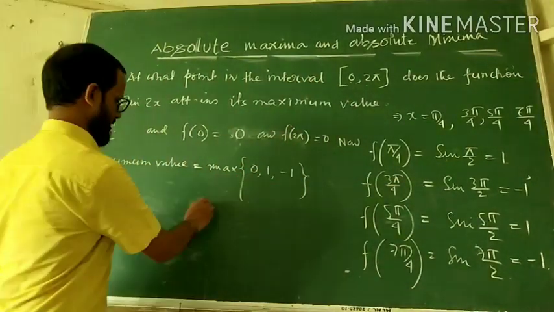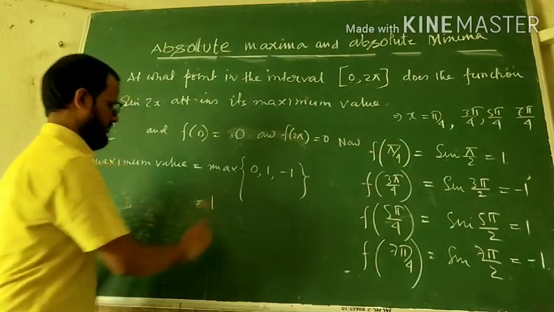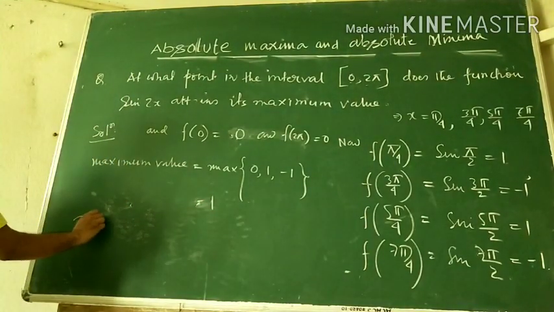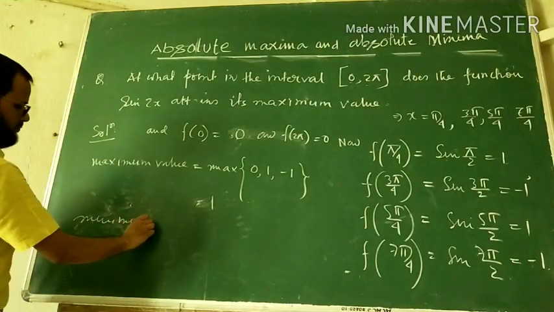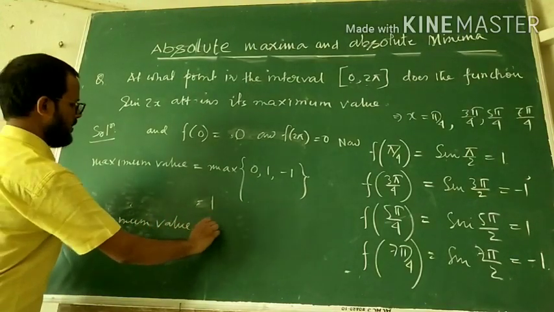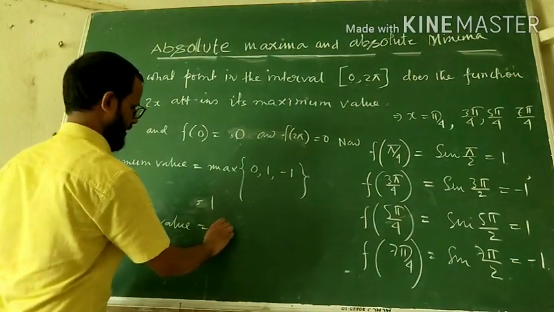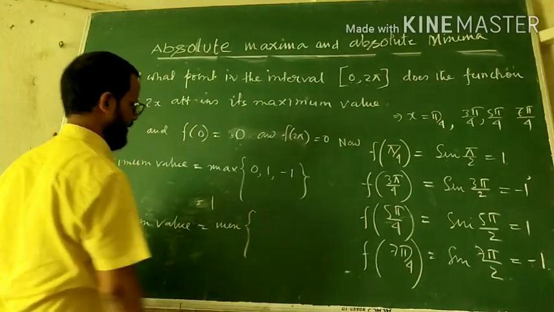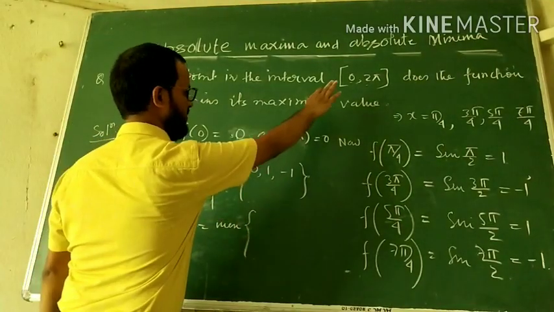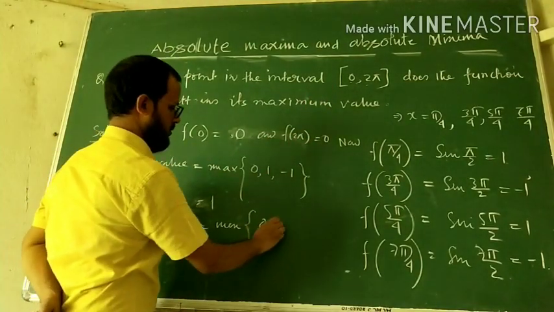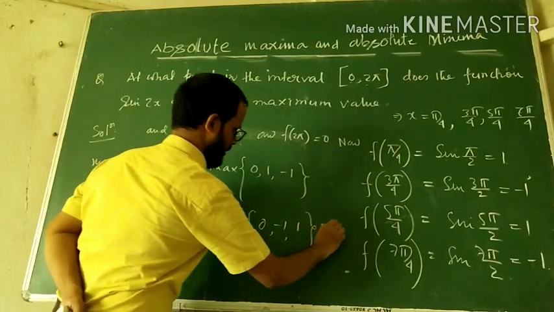So finally, what is the answer? It is equal to 1. And minimum value, here minimum value means absolute minimum, and maximum value means absolute maximum here, because the function is defined in the closed interval. So 0, minus 1, 1.